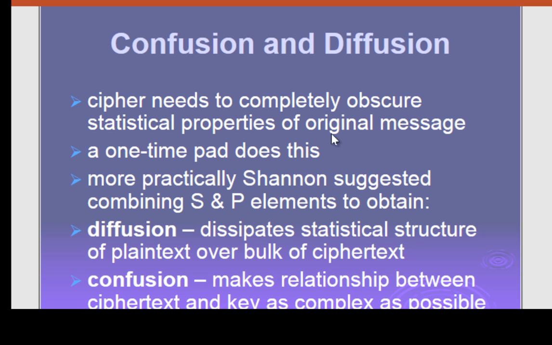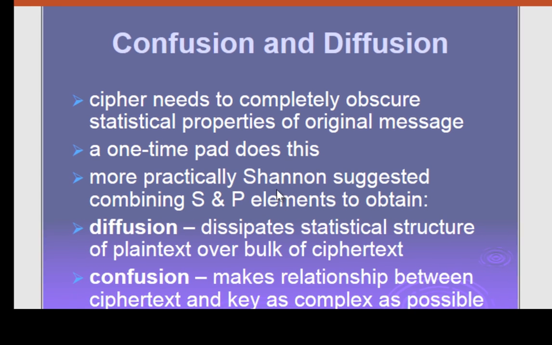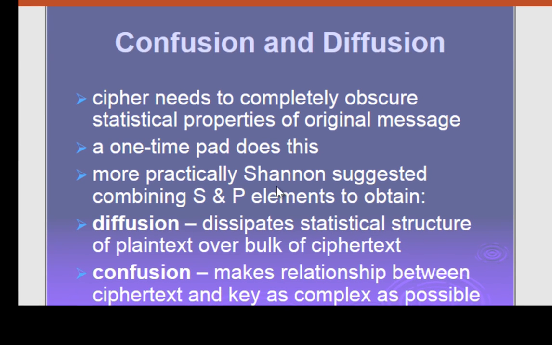A ciphertext needs to completely obscure the statistical properties. An ideal ciphertext has to completely obscure the statistical properties of the plain text. You shouldn't see any of the things related to the plain text. It should completely obscure the elements of the plain text and generate a very complex ciphertext. That is the ideal ciphertext.